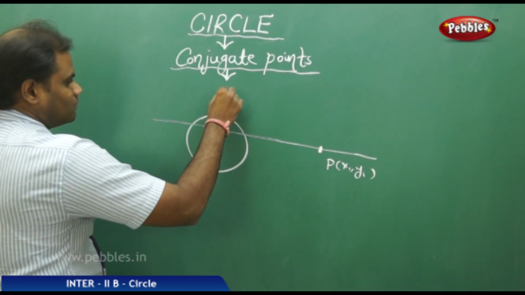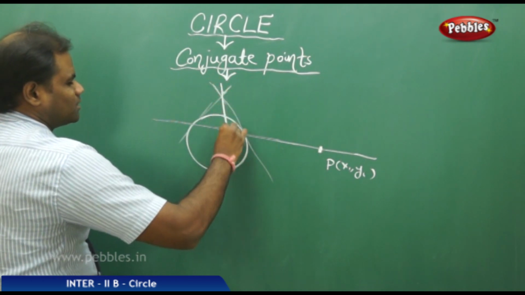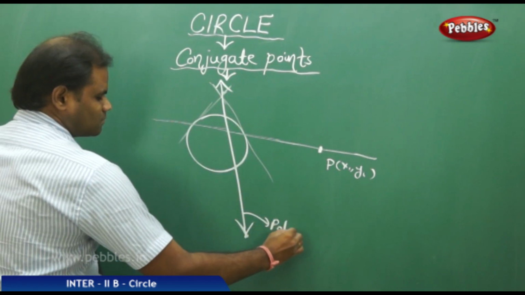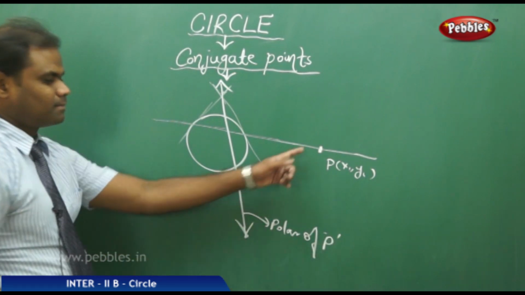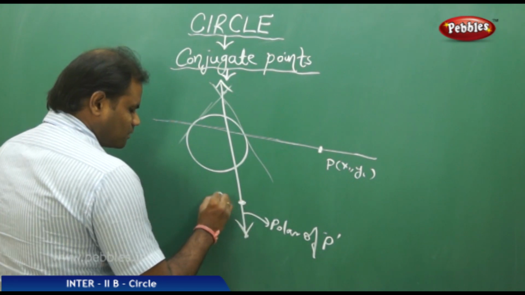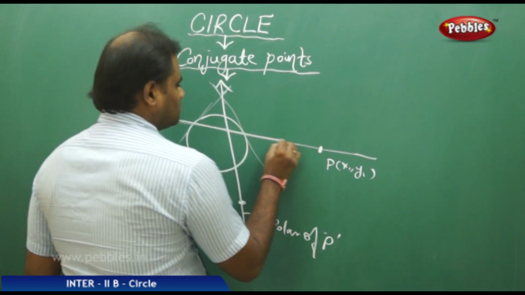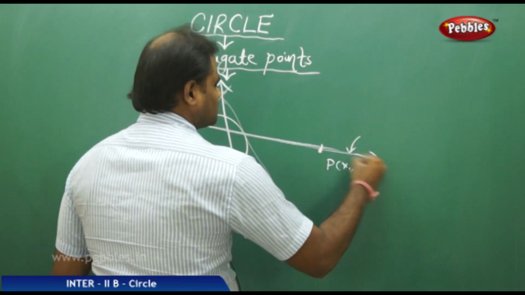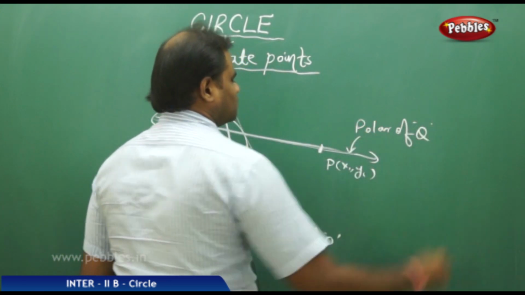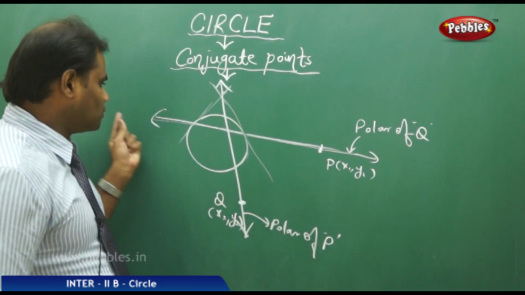Then here we know that we get the pair of tangents which gives me the polar of P, through which I have the point Q which I take on the polar of P. Then this is said to pass through P, which is said to be the polar of Q. So the polar of P is here and the polar of Q is here.